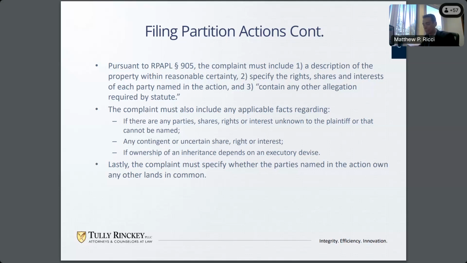Now, before this presentation, I tried to quickly look for an example of what an allegation required by statute would look like. Unfortunately, I couldn't find one, but if anyone has any ideas, feel free to shoot that in the question or comments, and I can present that at the end.